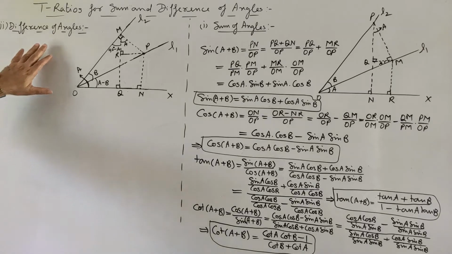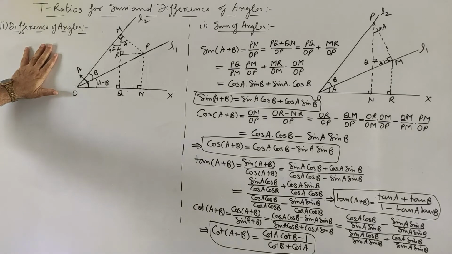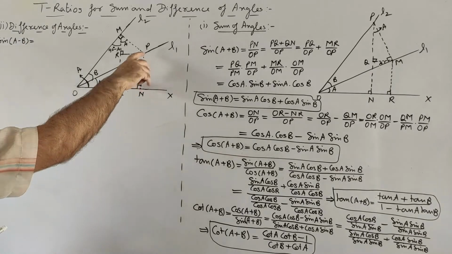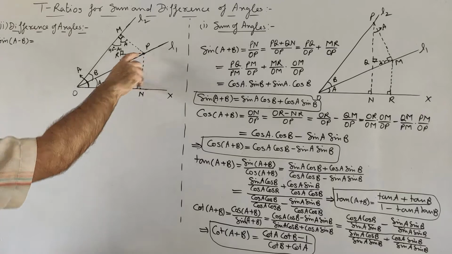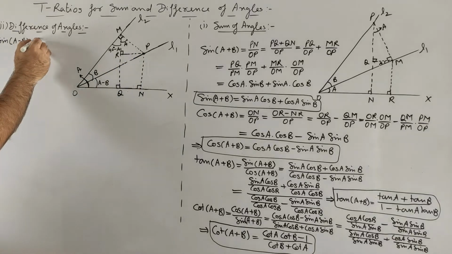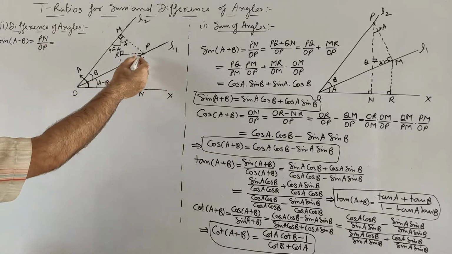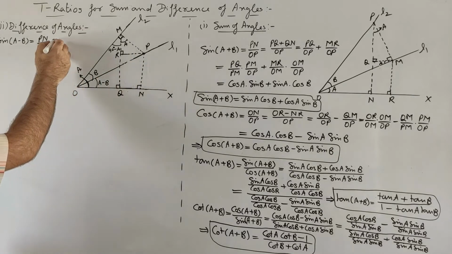Now we will find out sin A minus B. Sin A minus B means perpendicular upon hypotenuse, that is PN upon OP. And now this PN will be equal to RQ.